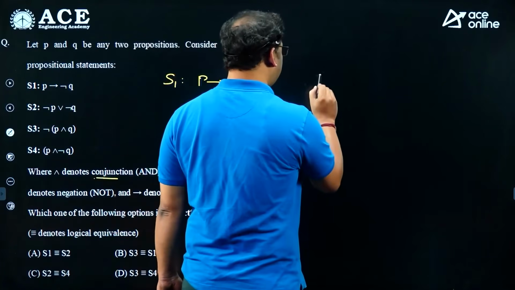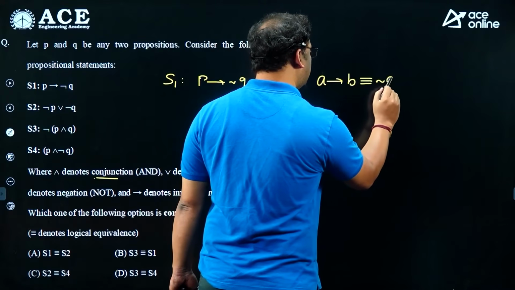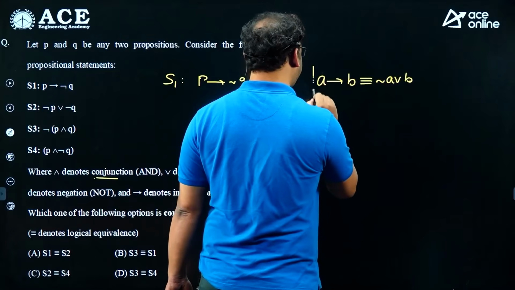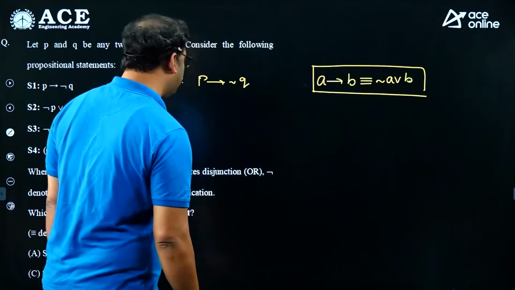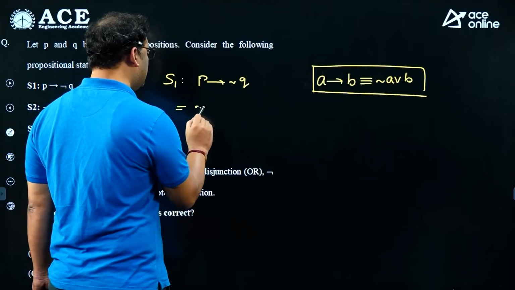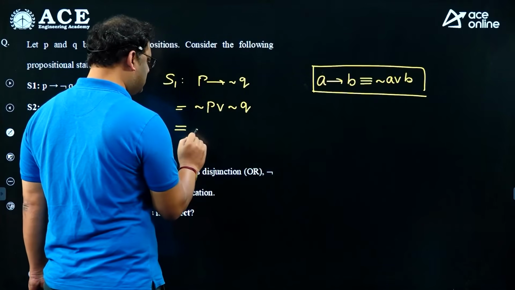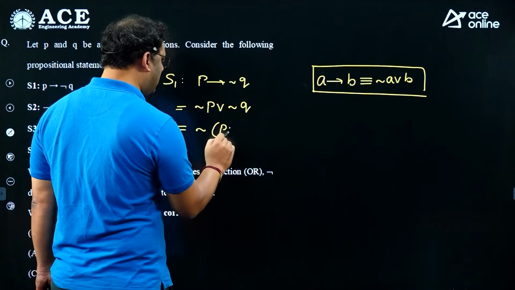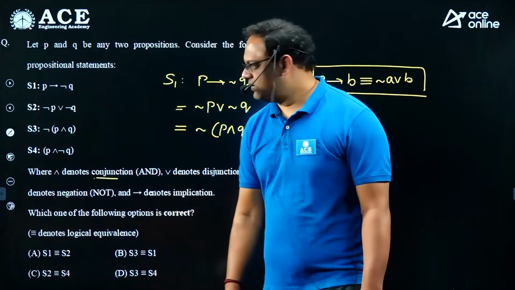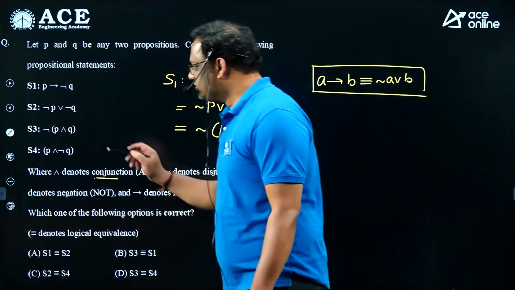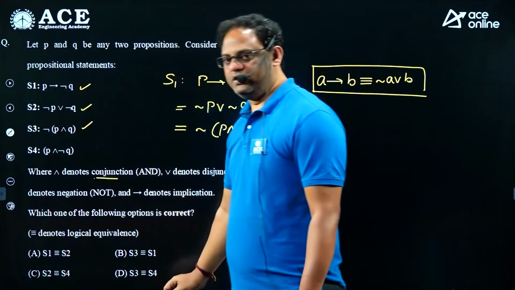By using the conditional law, A implies B can be written as negation A or B. So from this, I can say this is negation P or negation Q. By using De Morgan's law, we can write negation of P and Q. So if you observe the statements S1, S2, S3, all three are equivalent.